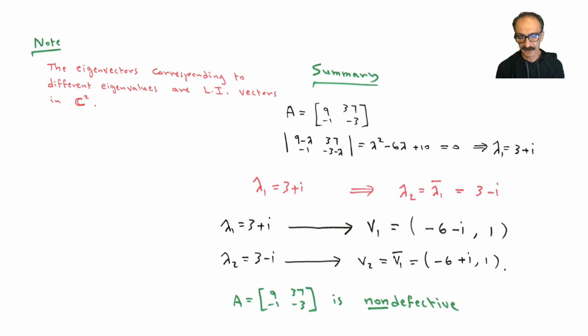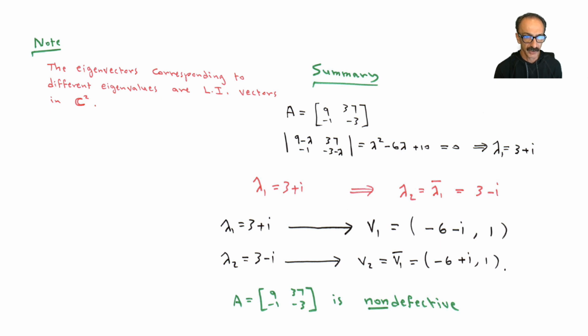So what I covered in this section: the eigenvalue lambda, the eigenvector v, and I showed you that they relate in such a way that Av equals lambda v.